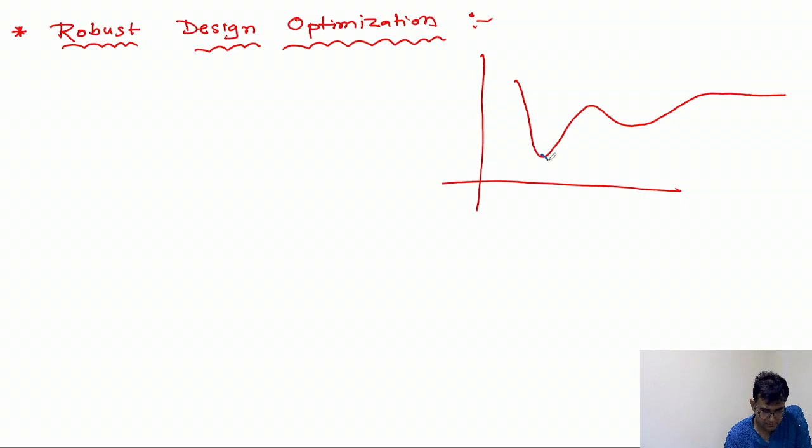This is the optimal point, but the problem is that you give a small perturbation and there is a huge change in the y-axis. This is your cost function, or objective function. Let's write cost function, and this is your design variable. Even a small perturbation in the design variable, which will eventually come because of manufacturing uncertainty, since you cannot compute it or design it exactly, changes your objective function significantly.